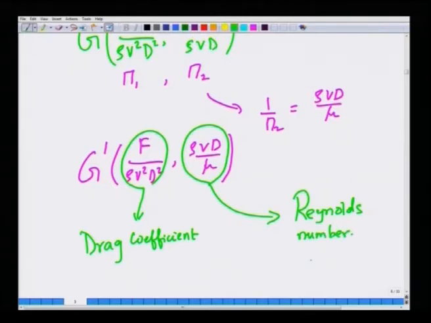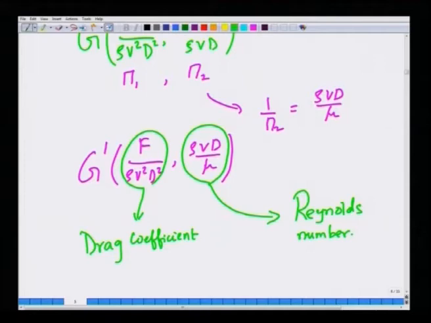We will come to that shortly, but essentially what we have tried to show is that by doing this non-dimensionalization, we get 2 non-dimensional groups, and instead of writing the functional relationship among 5 dimensional variables, we can now write it as a functional relationship among only 2 non-dimensional groups.